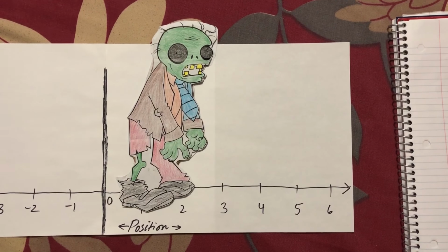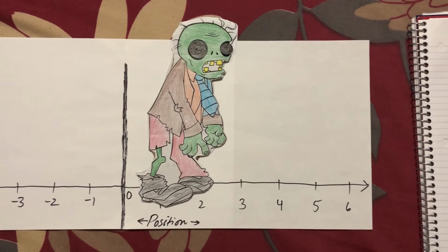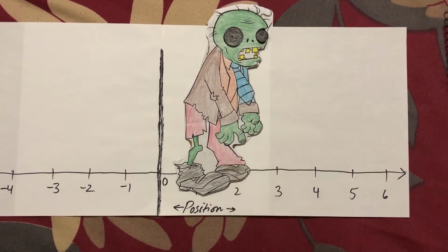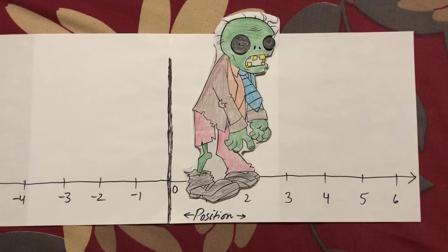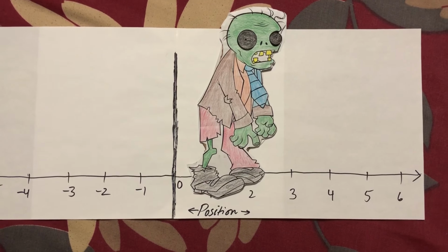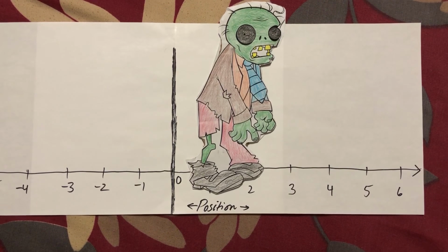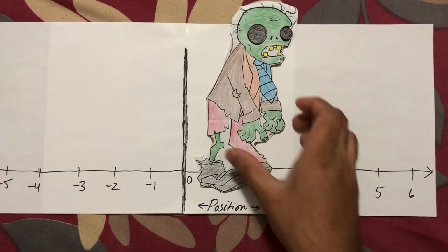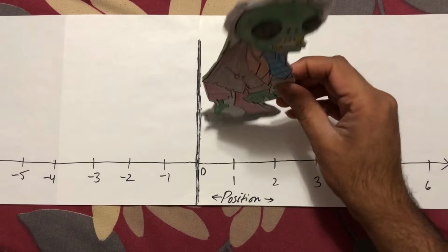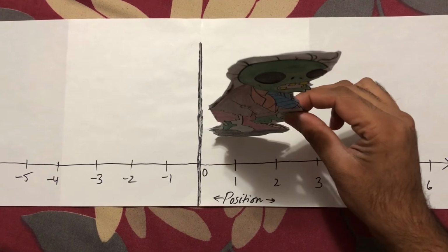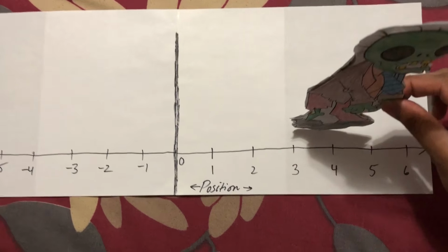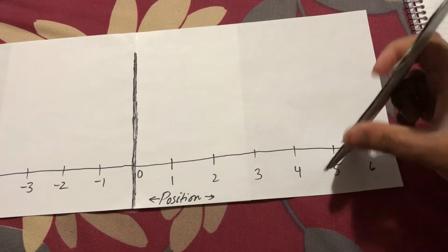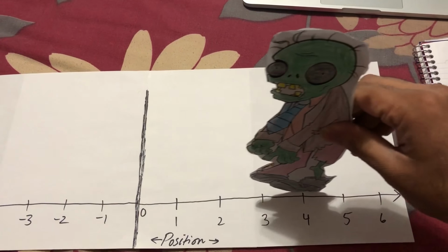Before going any further, I just want to clarify what I mean by traveling in one direction. And that's really why I had chosen the zombie as the model for the movable object. What these questions will be focusing on is an item that can only move in one specific direction, forwards or backwards.